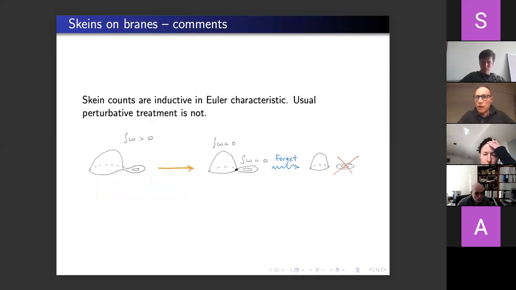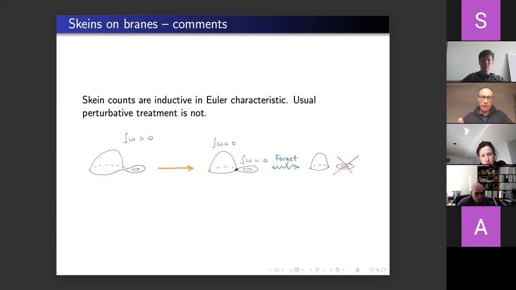Let me make one more comment before I use this a little bit. These Skein counts are actually inductive in Euler characteristic, whereas the usual perturbative treatment is not. In the usual perturbative treatment, I will have to deal with this bubbling off of zero area curves.